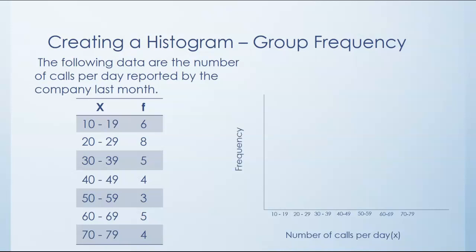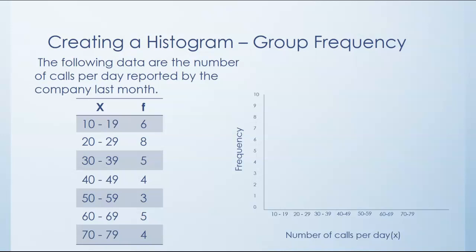And again, along the vertical axis, we're going to do our frequencies. Since we're only looking at numbers from 3 to 8, we can label those just 1 through 10, since we're not having a whole lot of data going on here like we did on the previous one where we had numbers from 1 to 16.